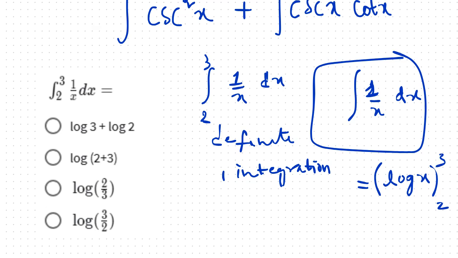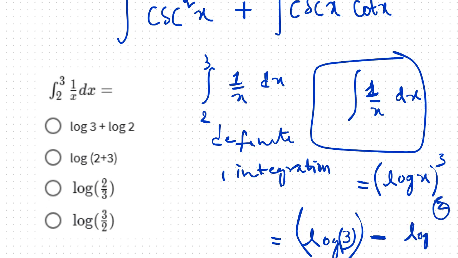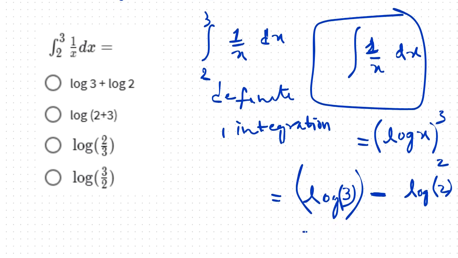So what that means is, you first put 3, the upper value, wherever there is x. This is the first answer, but minus the lower value, log 2. So log 3 minus log 2. It will be 3 by 2.